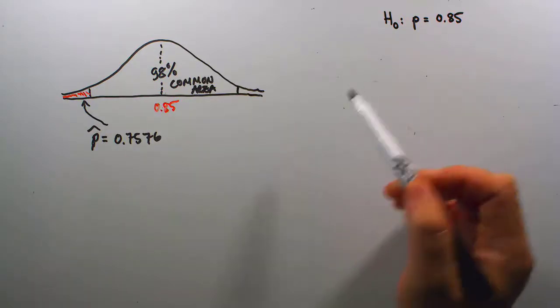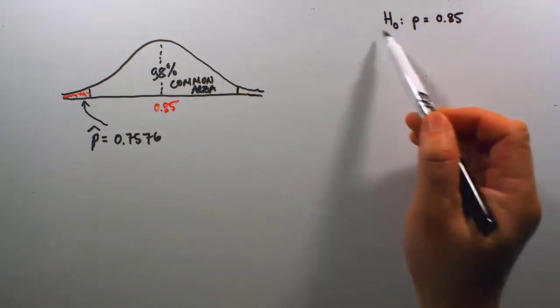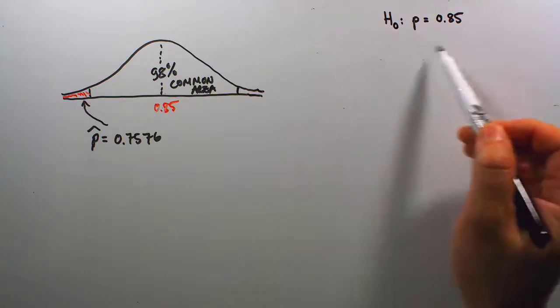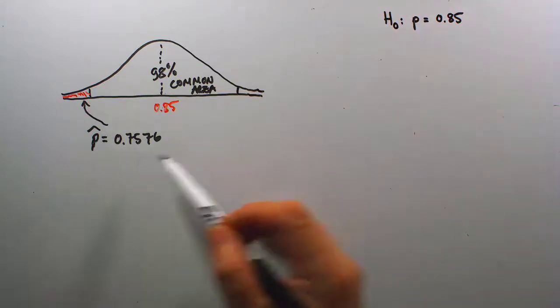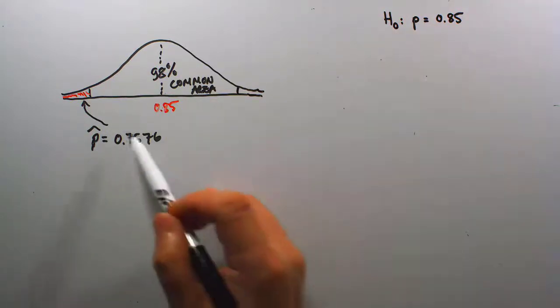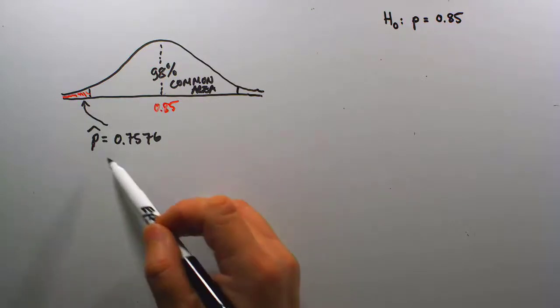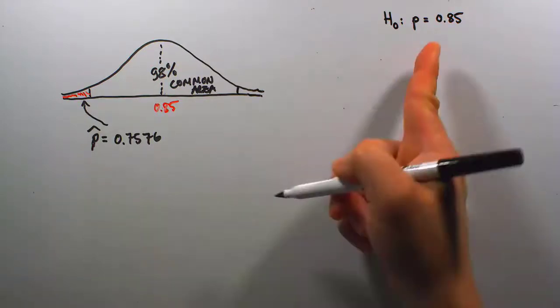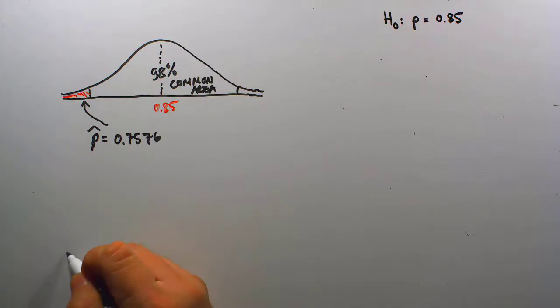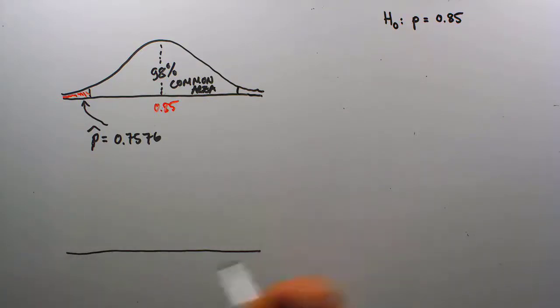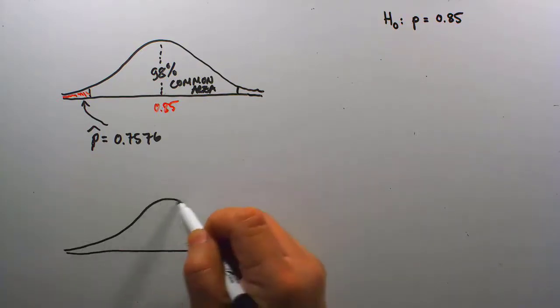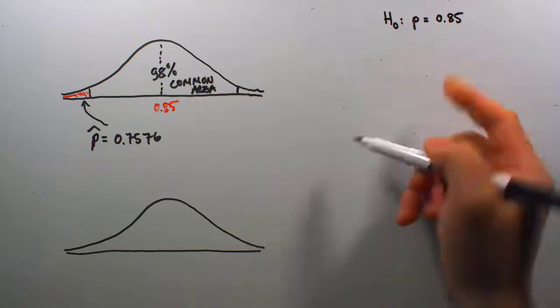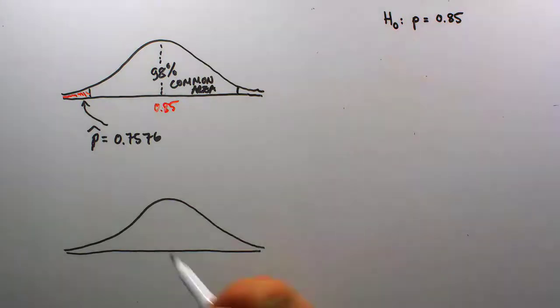And so think about the person who made the claim here. Once that person saw the rejection of H sub 0, because our p hat shows strong evidence, the person can make a different claim, where this time he or she would bring the claim to a value lower than 0.85.